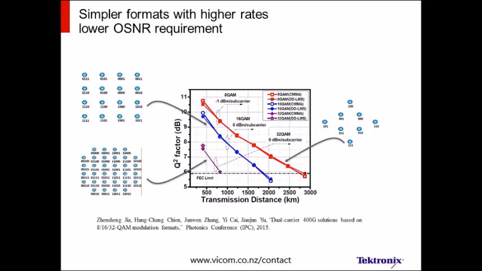All right, and this is just a little slide I lifted from a presentation at the OIF referenced down here. And the idea is just to give you a feeling for, again, how it's important to look at different formats and different rates, just as we saw in our poll question where we really couldn't narrow this down at all. People want it all. And so the same system might do QPSK, 8 QAM, 16 QAM, 32 QAM.